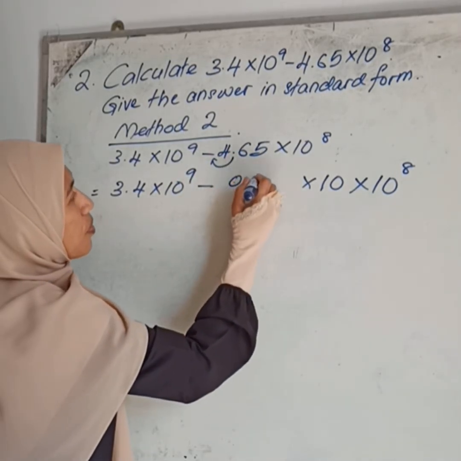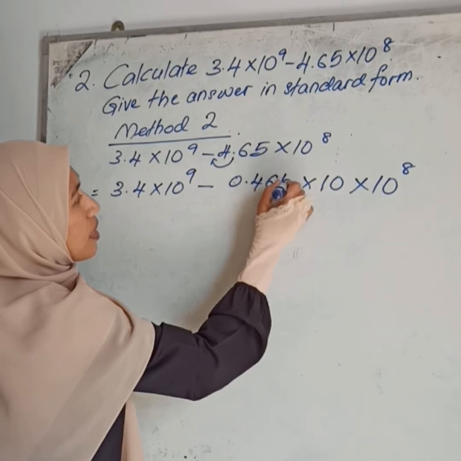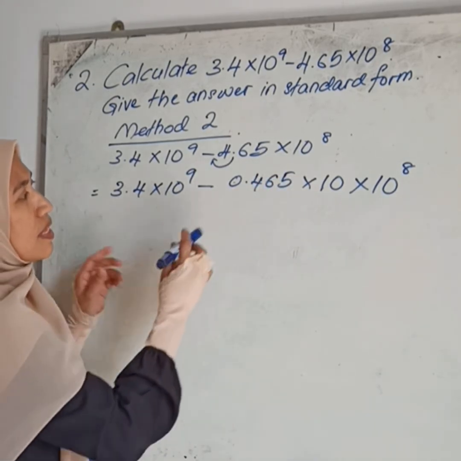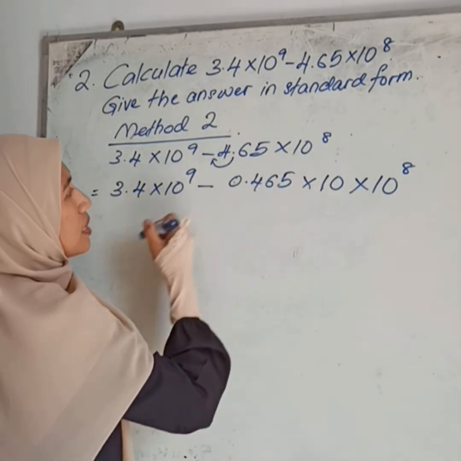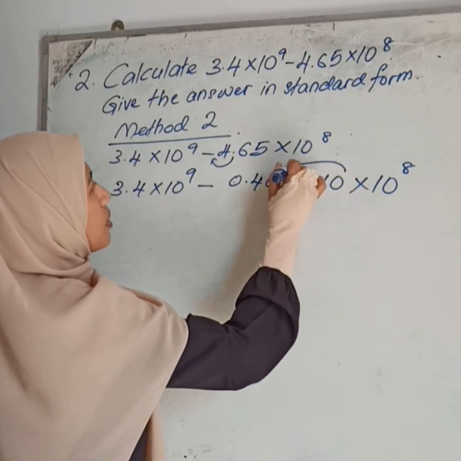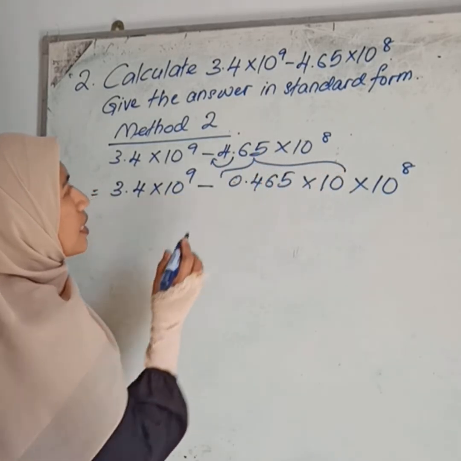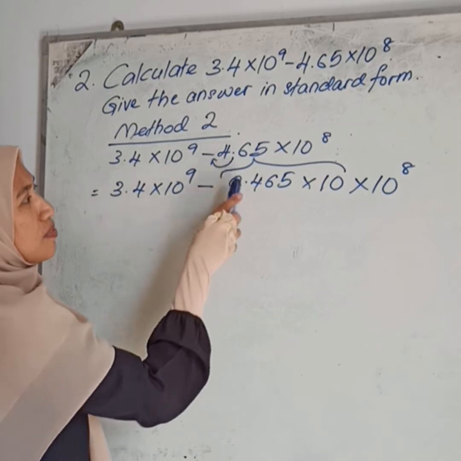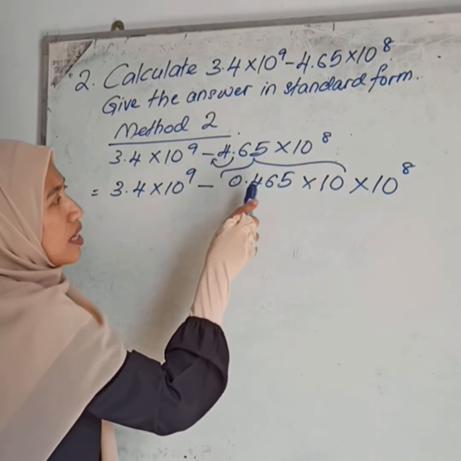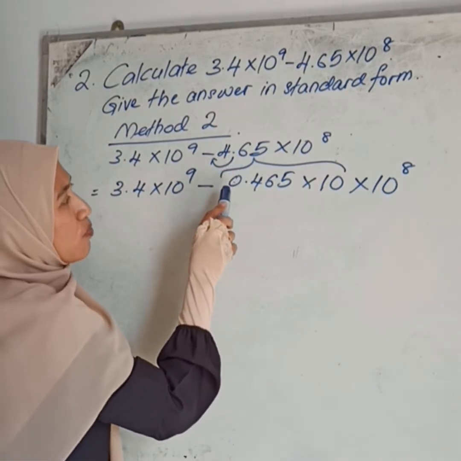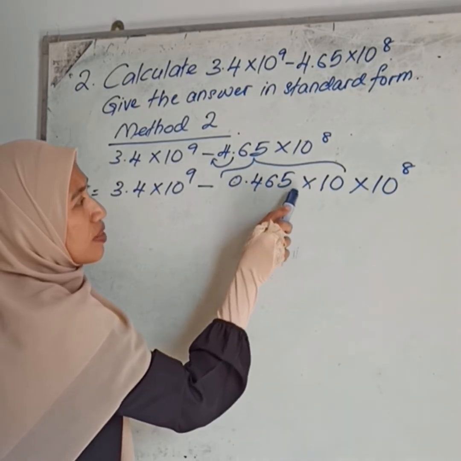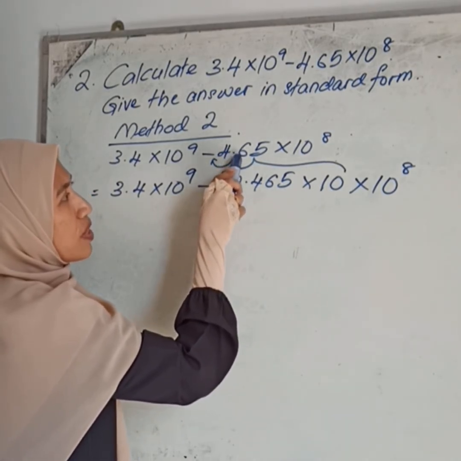So 0.465 times 10, this one will get 4.65. So we can check: 0.465 times 10 equals 4.65.